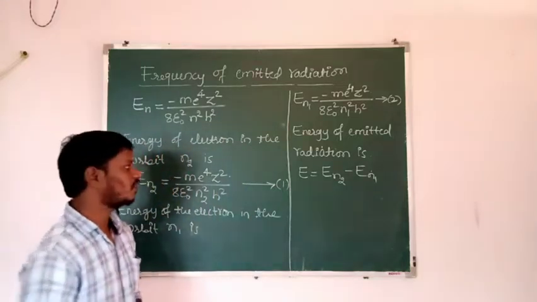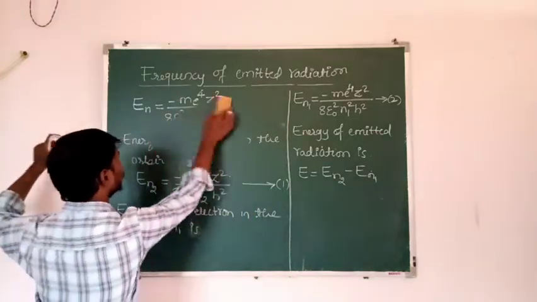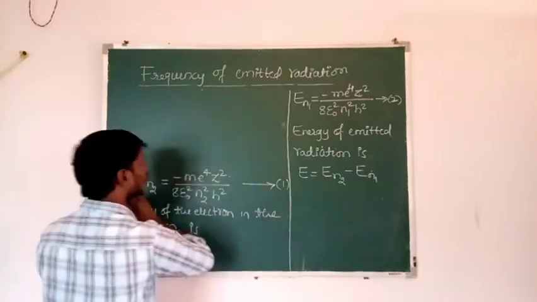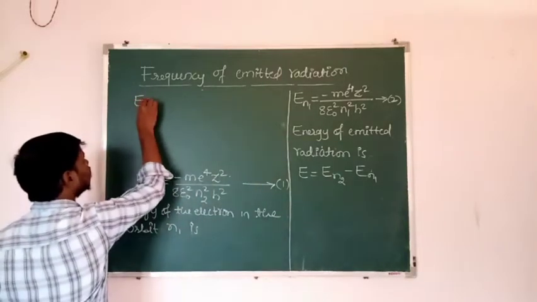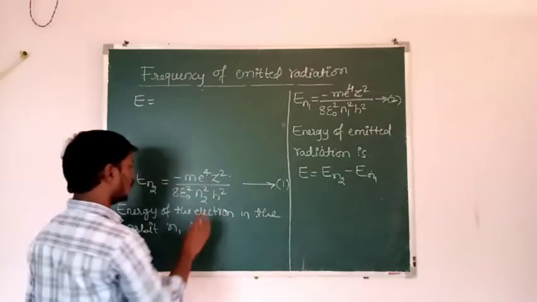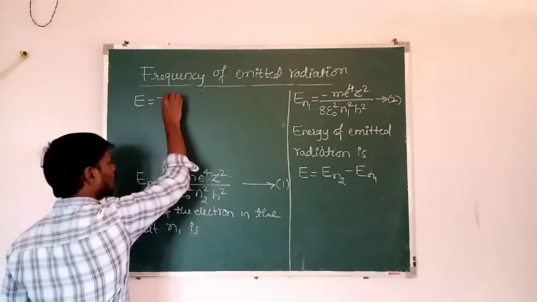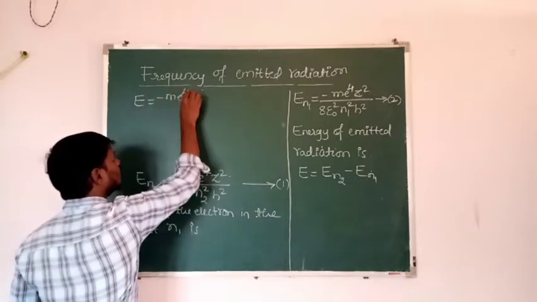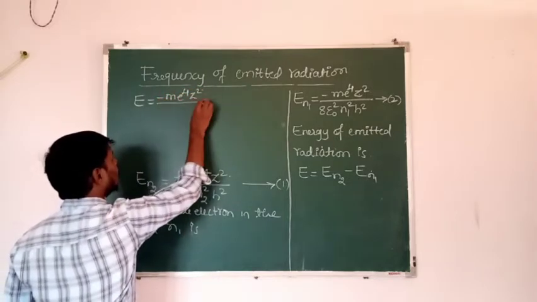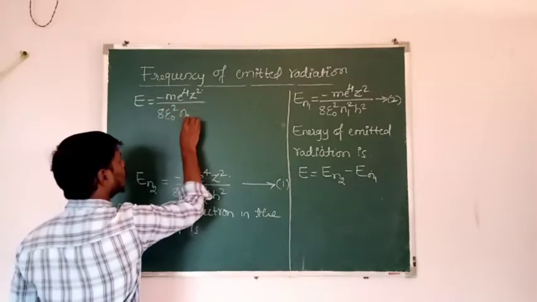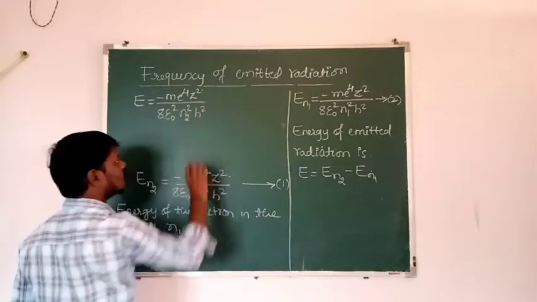So I will write this equation as E is equal to En2, from equation 1, that is minus m e raised to 4 z square divided by 8 epsilon naught square n2 square and h square.